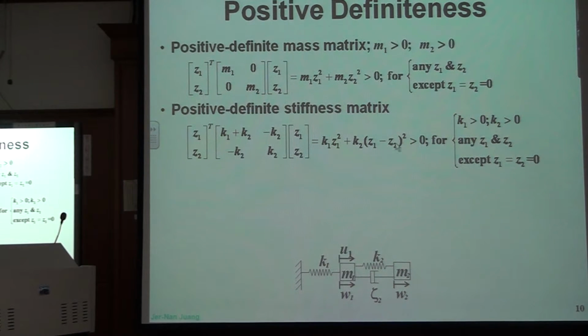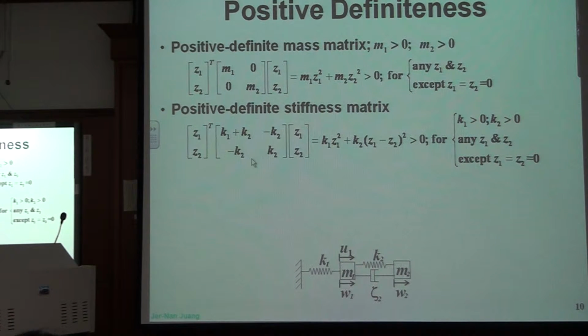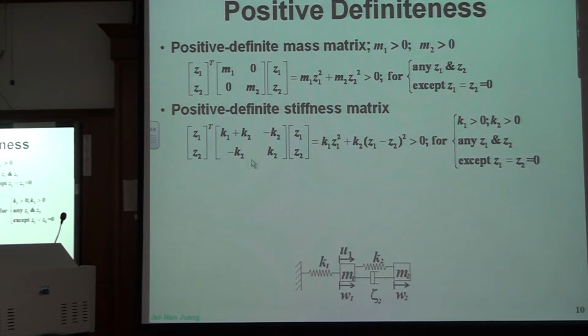So the stiffness matrix is a positive definite matrix if k1 is larger than 0 and k2 is larger than 0. Well, this is very important. I will tell you why.